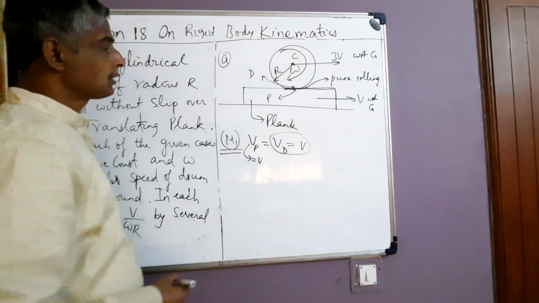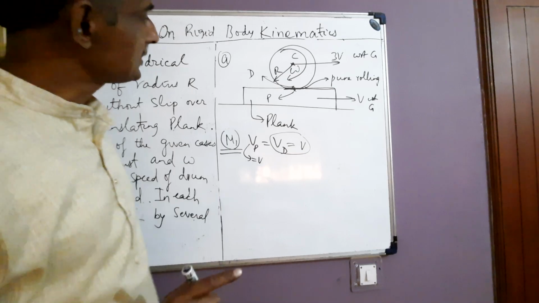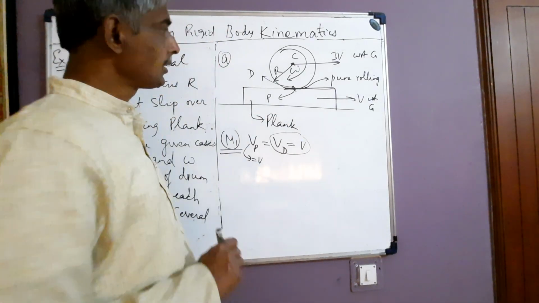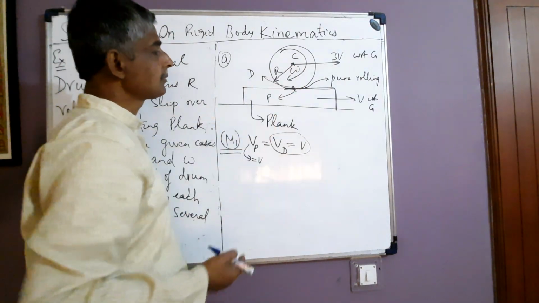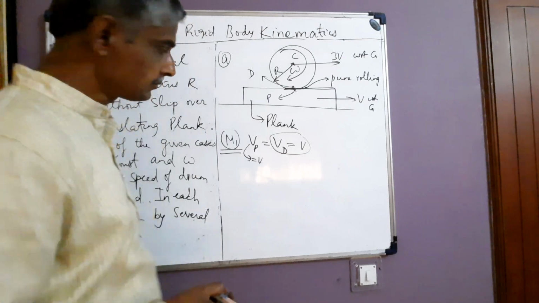Now we derive the relation V by omega r by several methods. What we do, we apply SRC for velocity. SRC procedure for velocity can be applied in any frame of reference. So we apply the SRC to the points C and D of the drum, first with respect to ground and then with respect to the plank.